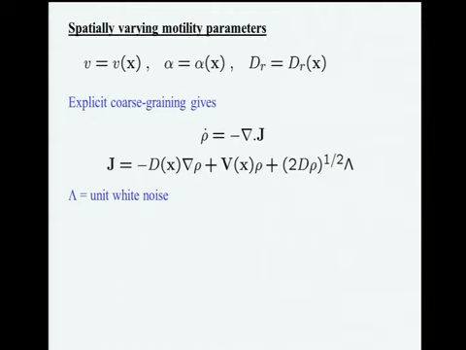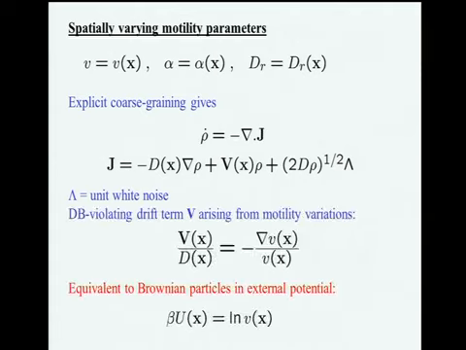It does depend on the spatially varying diffusion constant, which obeys the formula I gave you before. The possibly surprising thing is there's also a drift velocity term in there, V, which I will show you in a minute. The lambda term is white noise, which you expect if you go to a collective density variable. So that's just a diffusion equation with a drift term in it.